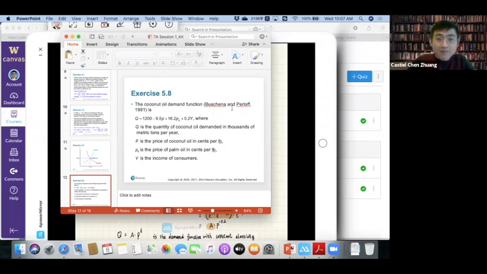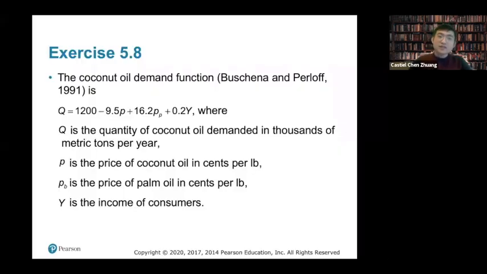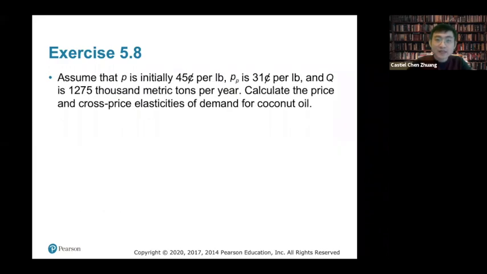And for a linear demand equation, now we don't see any natural log. So for this demand equation, it's totally linear, and then you have some values of the other variables, just plug those values in.